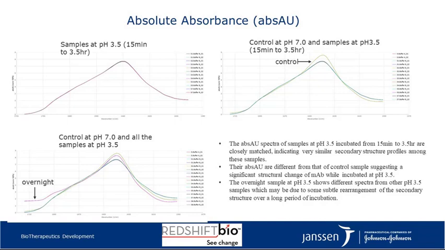Then in the bottom left-hand corner, what we see is an overnight sample. So the instrument was put into a pause mode or a wait mode, and then in the beginning of the day and the next day, the last sample data was collected. And you see the pink line with a large change again in spectral data.